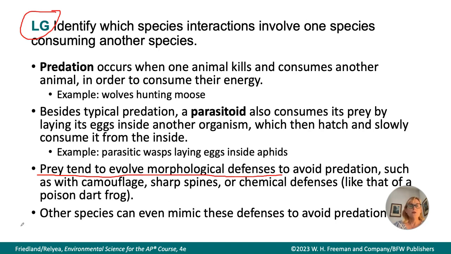And then one other thing that you need to know about predation is that species can mimic defenses to avoid predation. For example, some species of snake that are not venomous, they will coil up and shake their tail like they're a rattlesnake. Even though they're not a rattlesnake and they're not venomous, they will pretend that they're venomous to try and scare away predators.